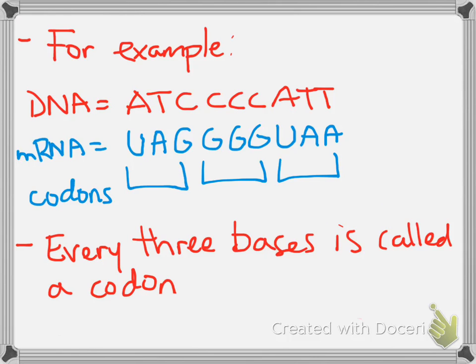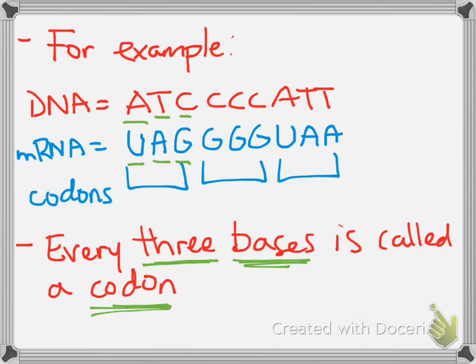Okay, so this is an example of how this works. We have a sequence of DNA, and we have an A, T, C, which codes for UAG, and when you're looking at mRNA, they're read in groups of 3 bases, and that's called a codon.